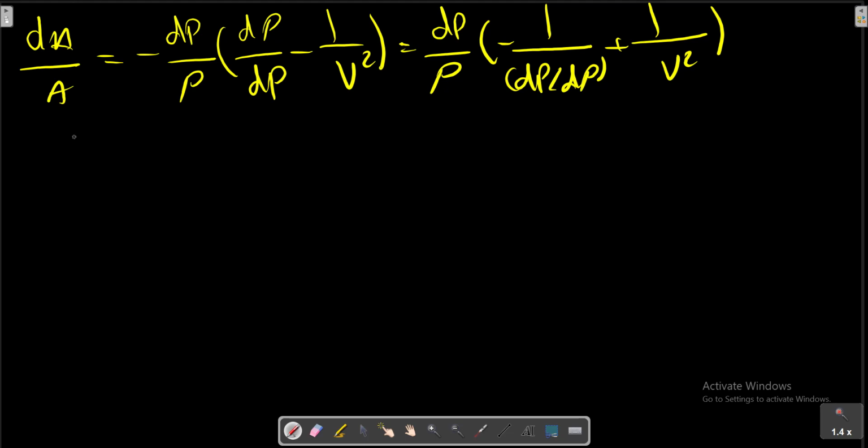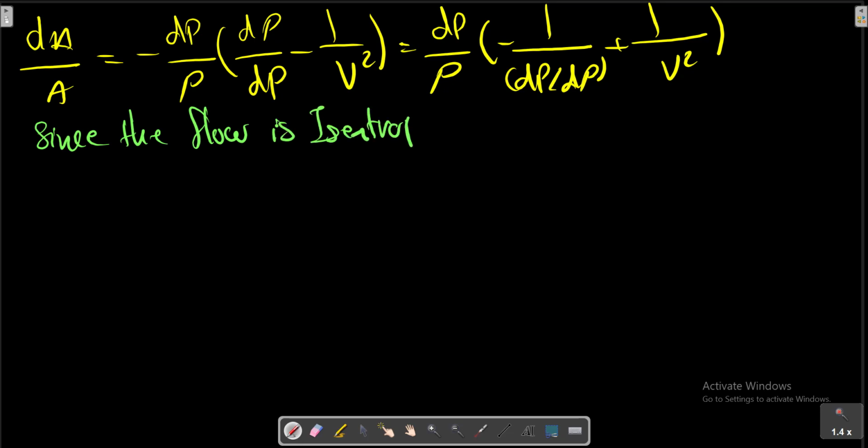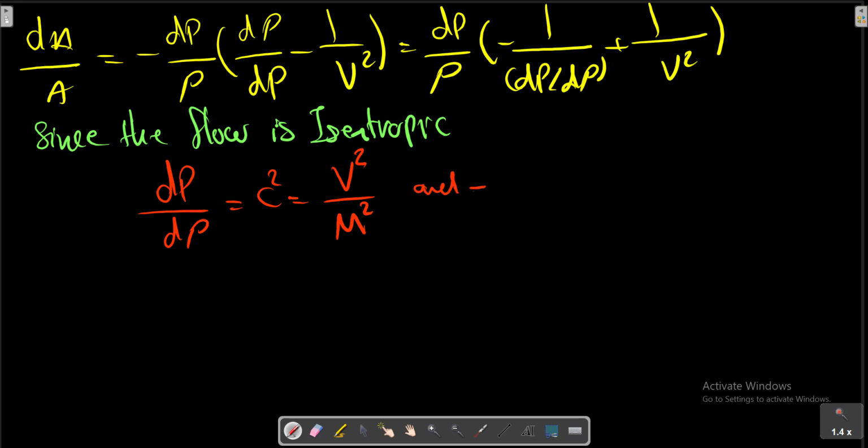since the flow is isentropic, dP on rho equals V square M square, and therefore dA on A equals dP on rho V square times (1 minus Mach square).